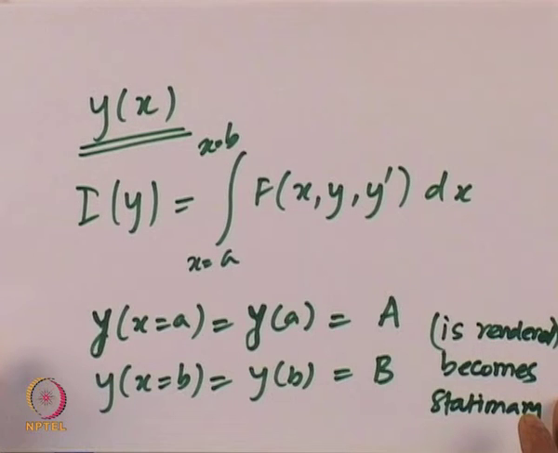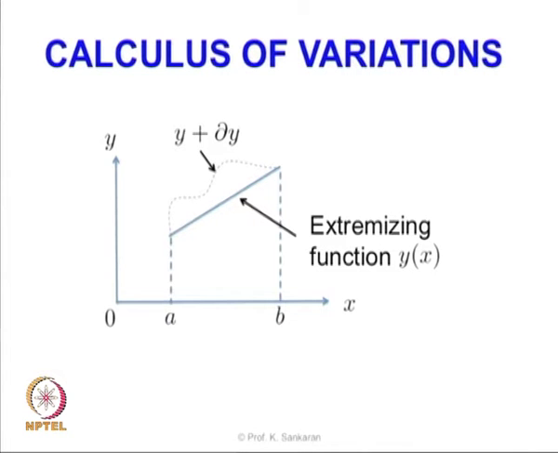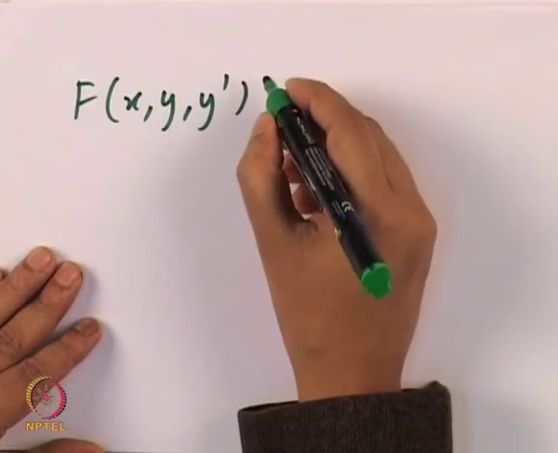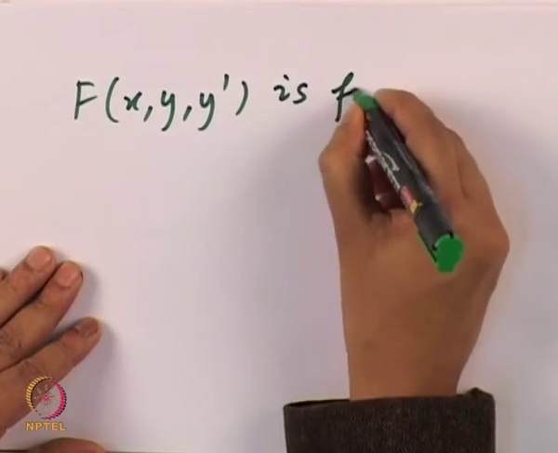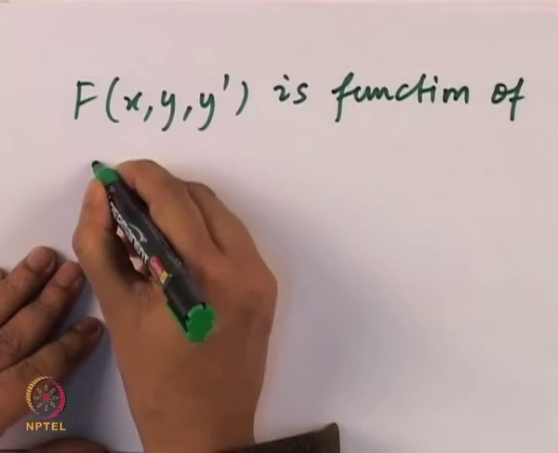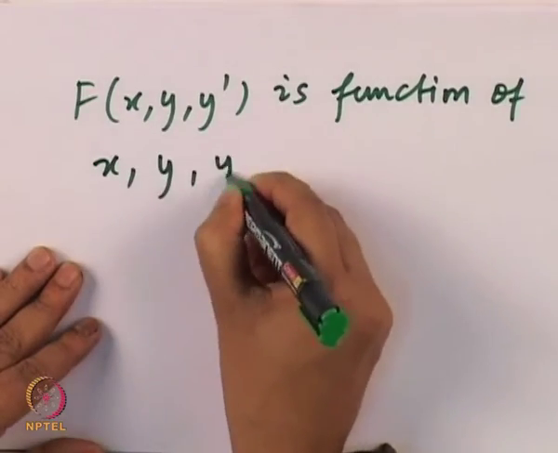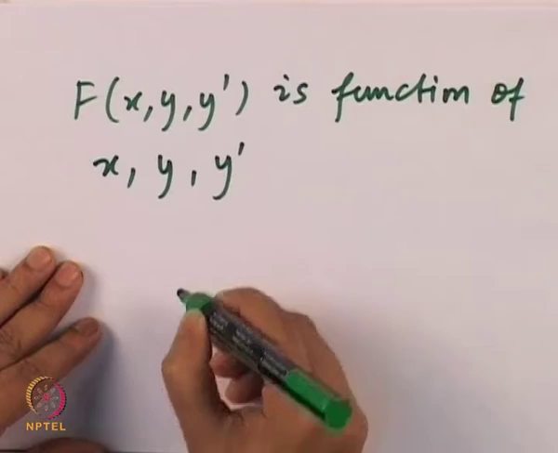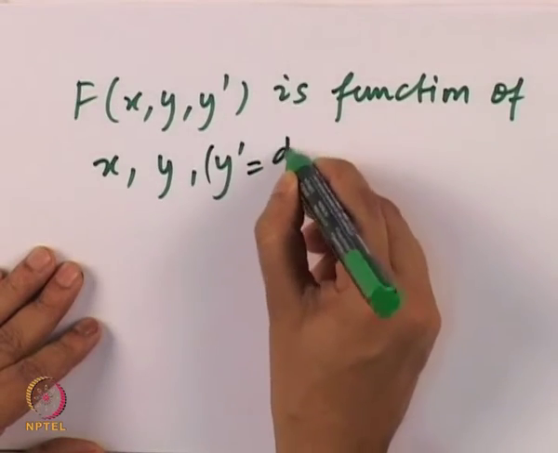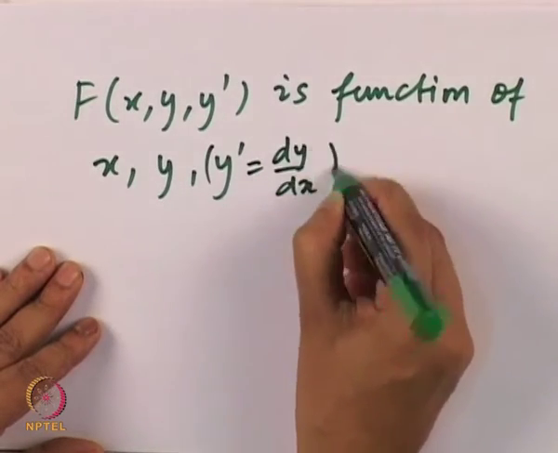So let's look at what the consequences of this problem statement are. The integrand f, which is a function of x, y and y dash, where y dash is nothing but dy by dx.